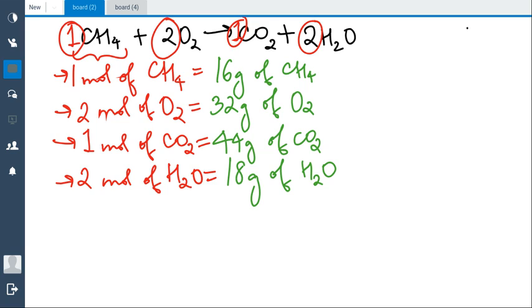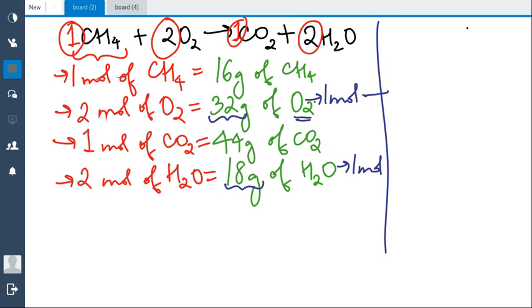But I forgot one thing. You have 2 moles of water, right? So 32 is the mass of O2. This is for 1 mole. This 18 of water is for 1 mole. So how many moles do we need? We need for 2 moles.